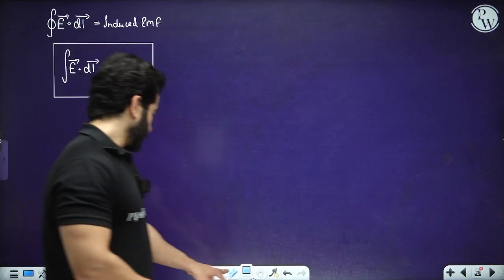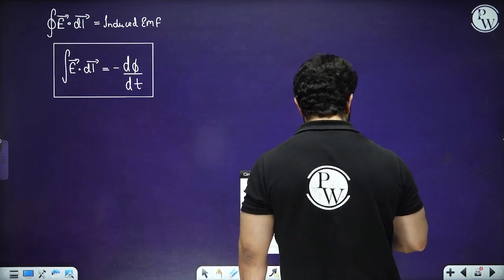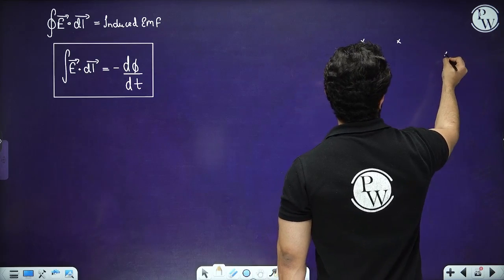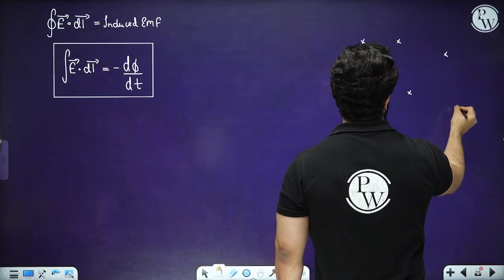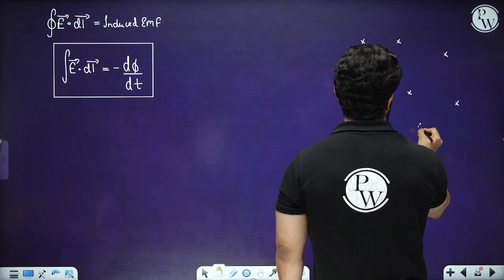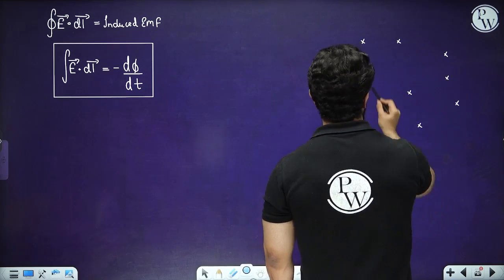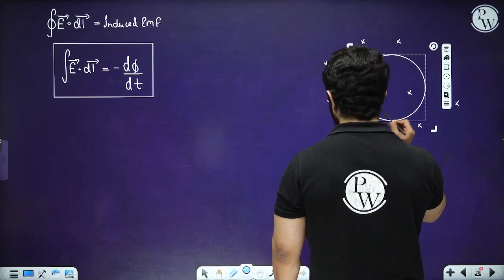And then we can talk about all the other cases over here as well. So for example, you have got a magnetic field over here, and let's suppose we have got a loop, something like this.